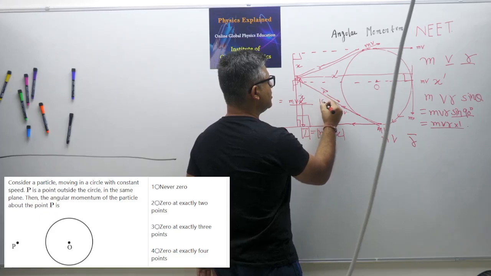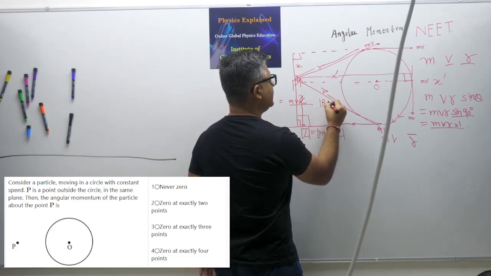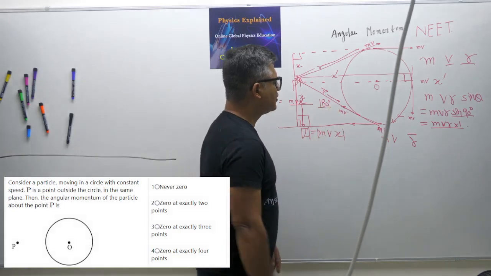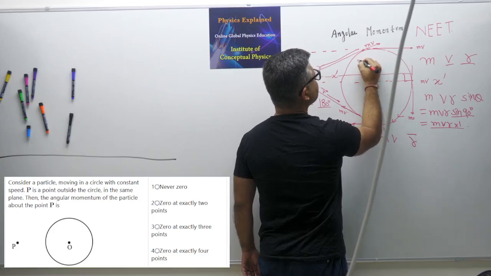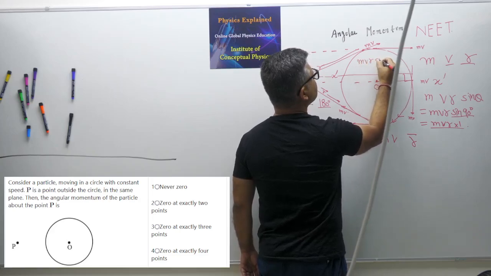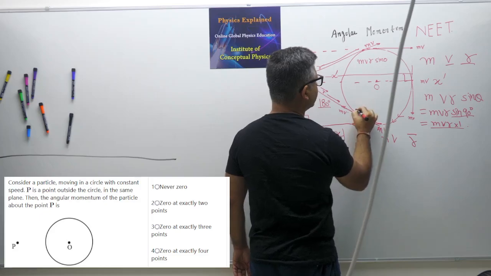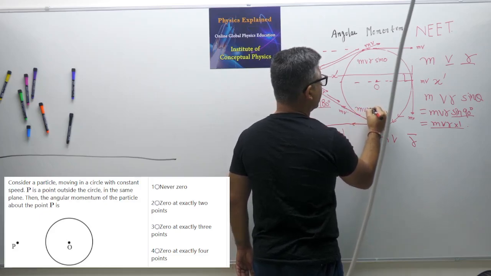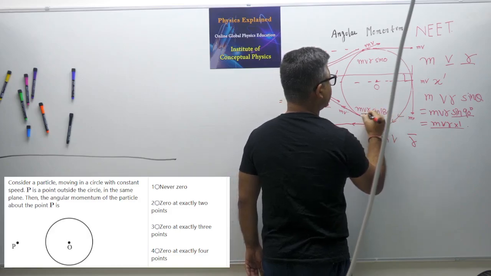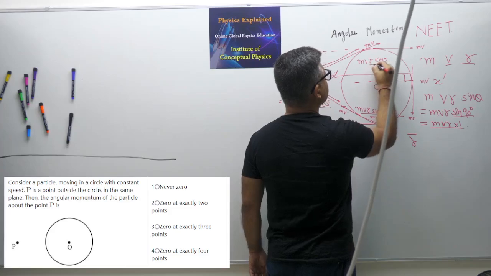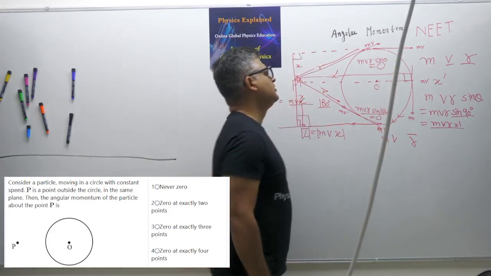Therefore, if I calculate the angular momentum here, it is MVR sine 0. If I calculate it here, it is MVR sine 180 degrees. So this is equal to 0, and this is equal to 0.